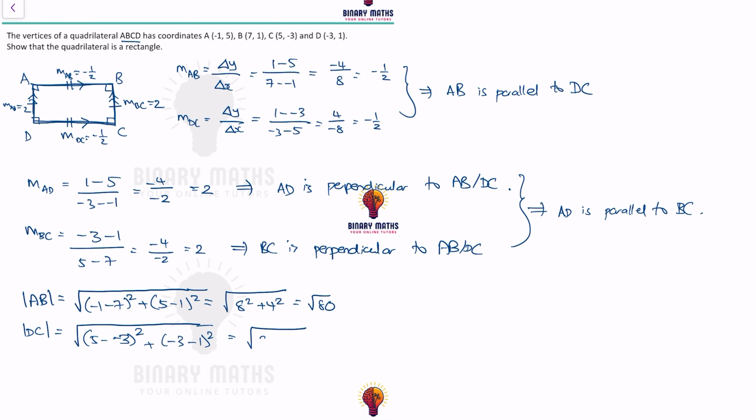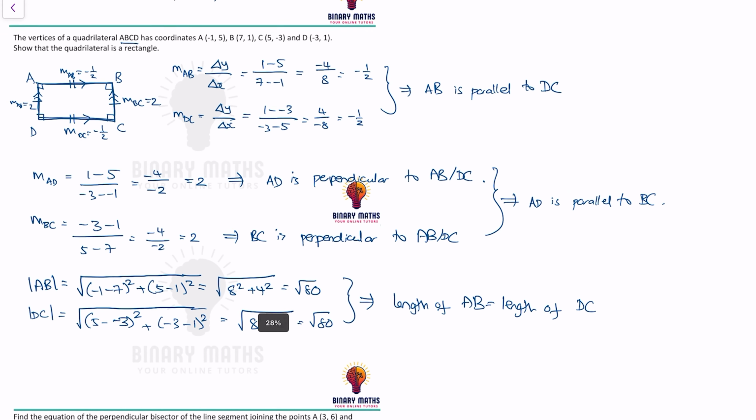Again, that gives me square root of 8 squared plus 4 squared, which is square root of 80. Both of these imply that length of AB is equal to length of DC.